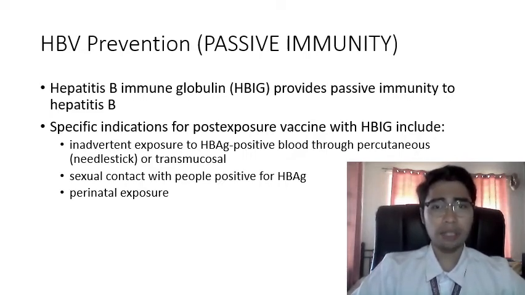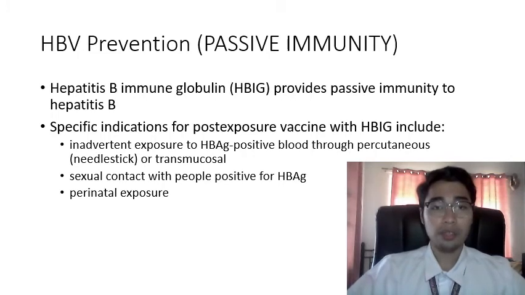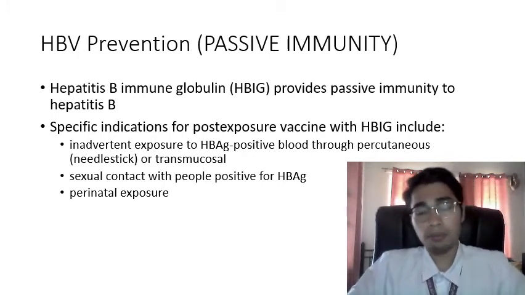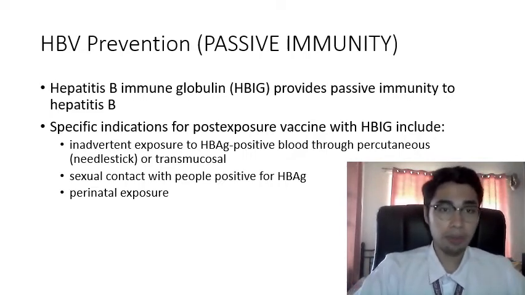So let's say the person got a needle prick injury and the patient is HBsAg positive, infected with hepatitis B. These people or the healthcare provider need to get the immunoglobulin shots.